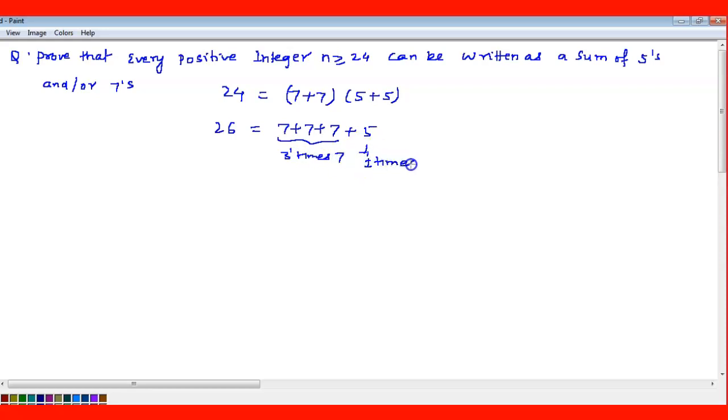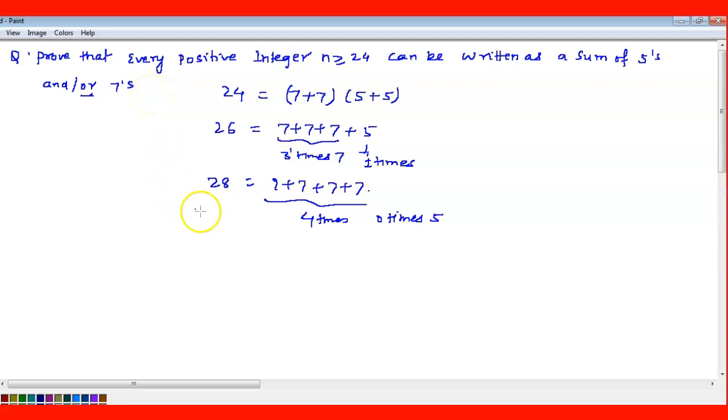Right. So any number greater than 24, like consider 28 also. So 7 plus 7 plus 7 plus 7, and 5 we have not taken at all. So we can write 4 times 7 and 0 times 5. Either you can take it or you can not take any one of 5 or 7.